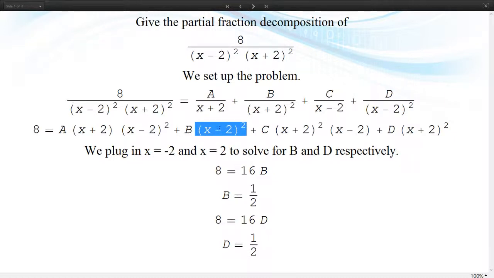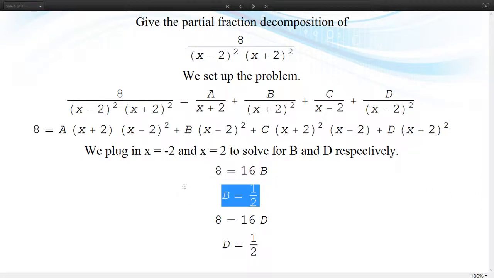Sorry, negative 2 minus 2 is negative 4, squared is positive 16. So we get 8 equals 16b, and we solve, we get b as a half. Same thing over here, 2 plus 2 is 4, squared is 16, and then, so we get 8 equals 16d, d equals a half.